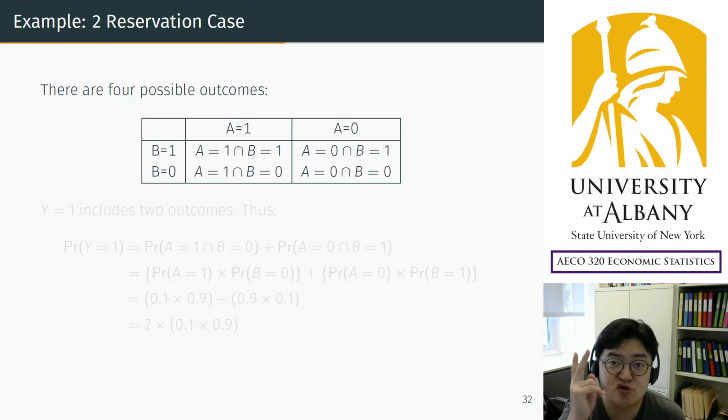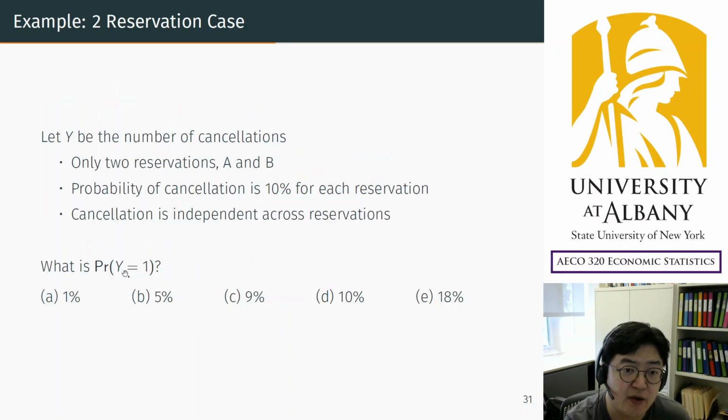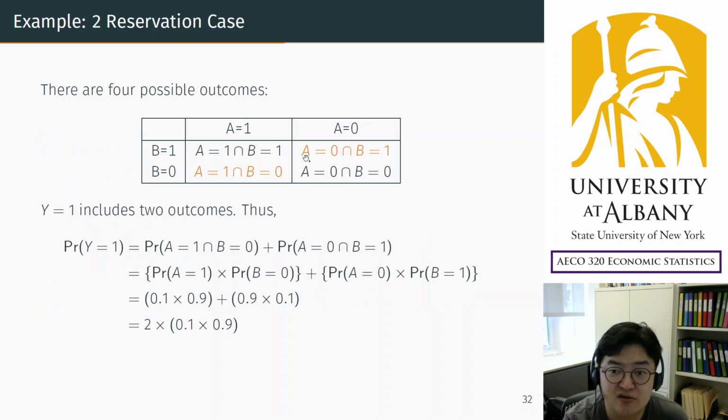Each reservation has 2 possible outcomes. So, combining 2 reservations, there are 2 by 2 possible outcomes. Okay? And among these, I am asking you, what is the probability that exactly 1 reservation is canceled? Exactly 1 reservation is canceled includes these 2 events.